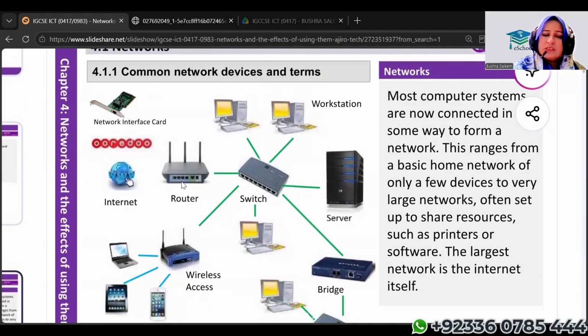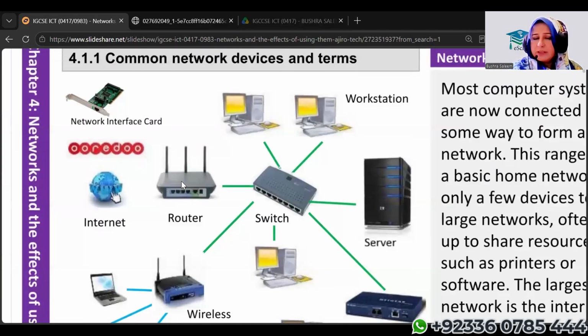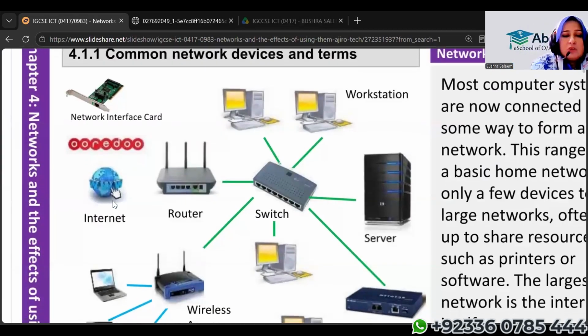Now let's discuss the basic infrastructure of the internet or of a network, how it is working. For example, if you want to connect to the internet, how will we do it? First of all, we need a router. What does a router give you exactly?